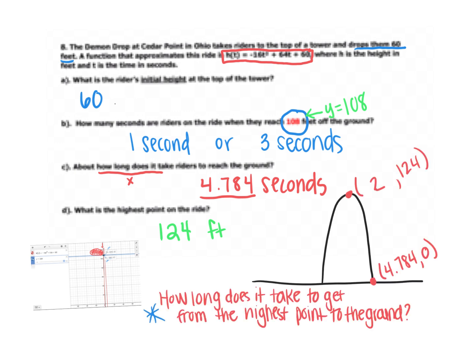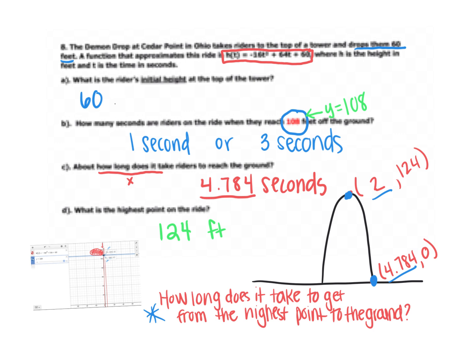Okay, the last and final thing is it might ask, how long does it take to get from the highest point to the ground? So here I drew a little picture. I got our highest point up here and our ground down here. Okay, and if it's asking how long does it take, we have to look for the x value for both of them.